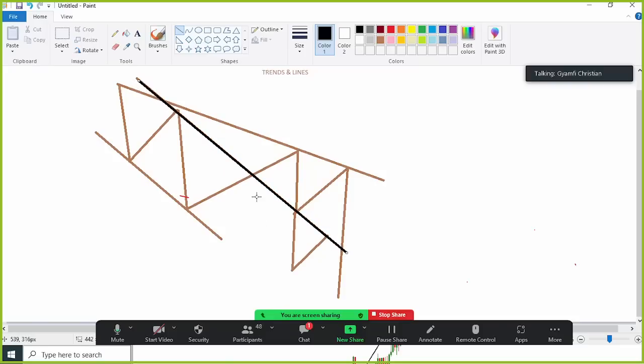So it means that this is where you are going to pick your sell orders. Meanwhile, you are supposed to pick them here.